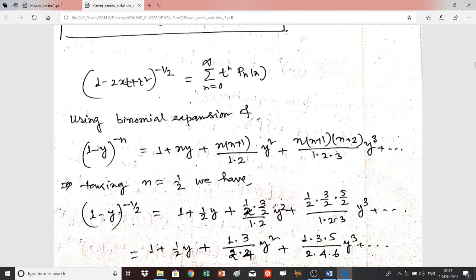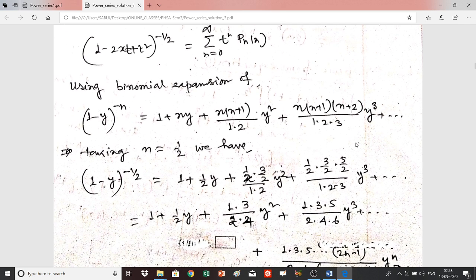You can see this binomial expansion on any website. Now, this function can be written in this fashion, in which y can be written as minus of (2xt minus t square).